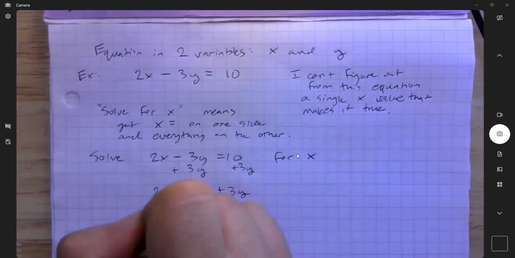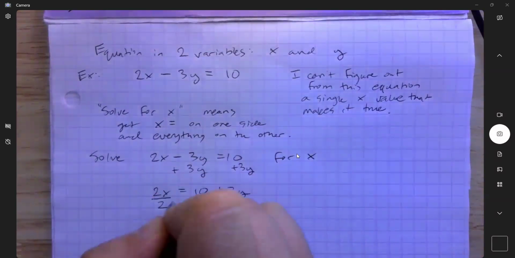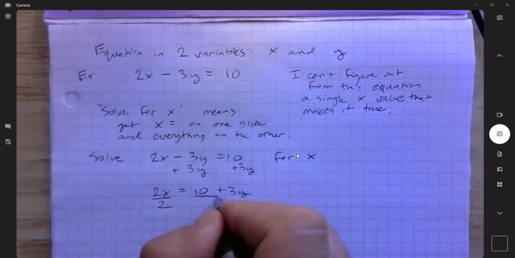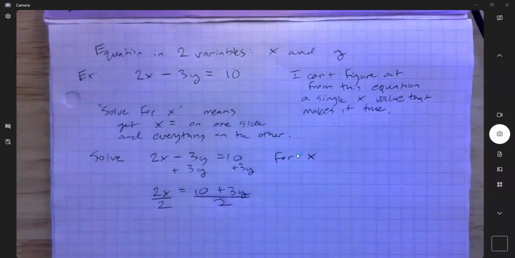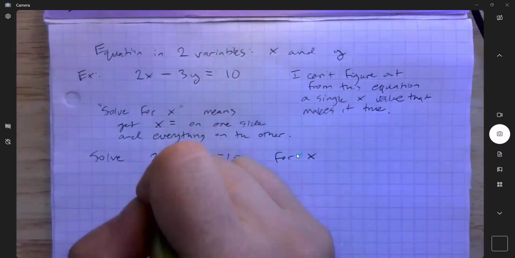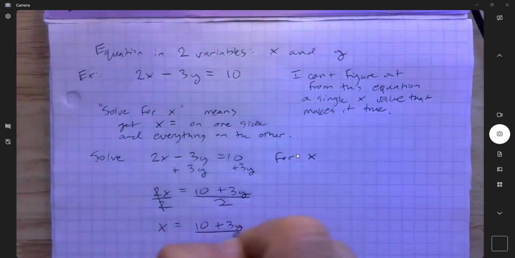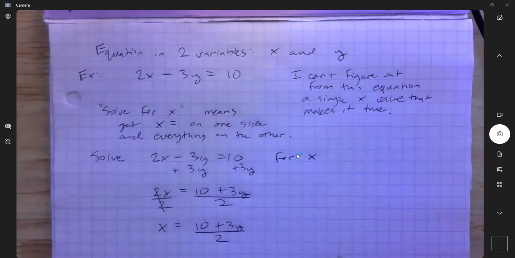And then I'm going to divide both sides by 2. I have to be careful. I'm going to divide everything by 2. So I'm going to divide the whole right side by 2. And I get x equals (10 plus 3y) over 2. This is solved for x.